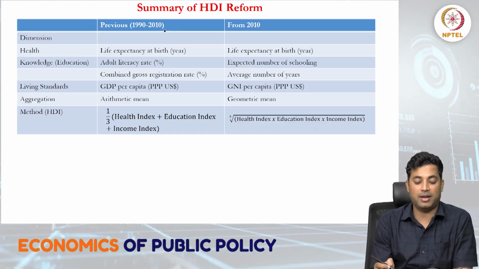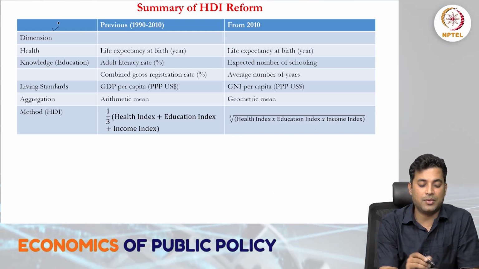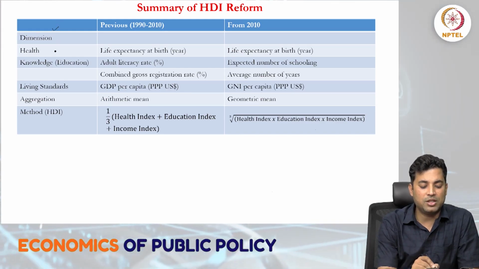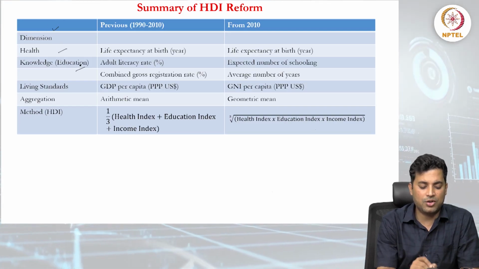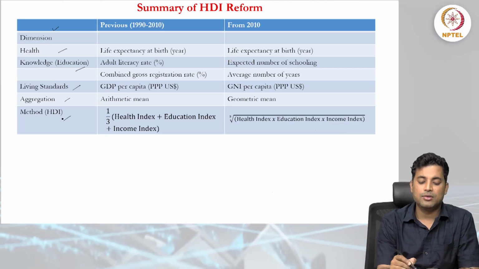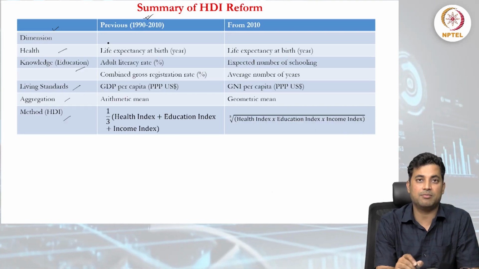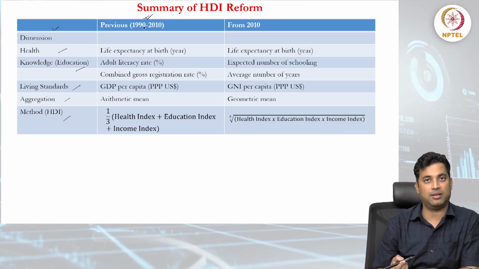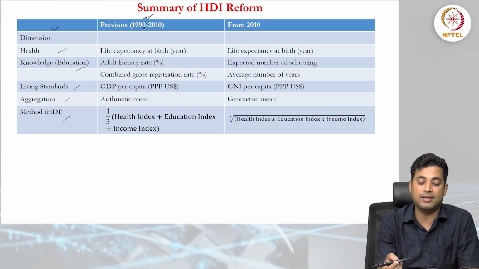Here, in the extreme left column, we have the dimensions: health, knowledge, living standards, aggregation, and then method. So let's discuss the earlier method that we considered while calculating HDI.